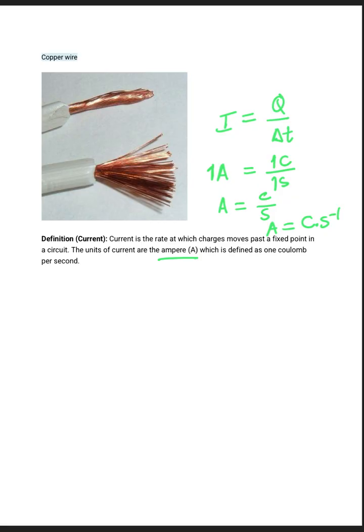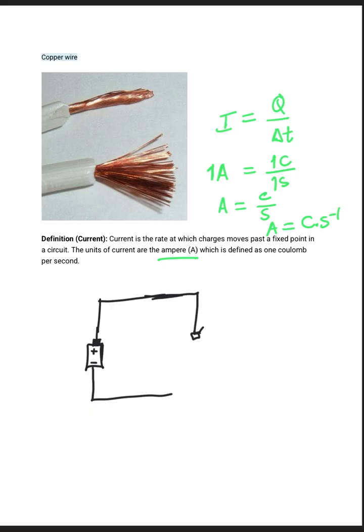And now let me draw a circuit so that we can talk about something very important. Let's say we have a circuit, and this is the battery, this is the positive side, and this is the negative side of the battery.